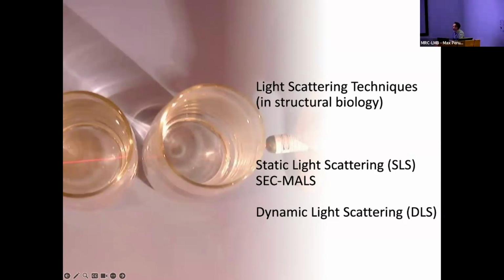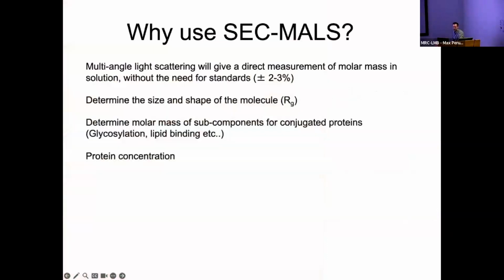Okay, so why do we use SEC-MALS? What is SEC-MALS? The SEC is size-exclusion chromatography, so just normal running of proteins through a column. The MALS part is multi-angle light scattering. If we use this, we can get a direct measurement of the molar mass in solution, and this has an error rate of around 2 to 3%. So we can determine the size and shape of the molecule, which is called the radius of gyration.